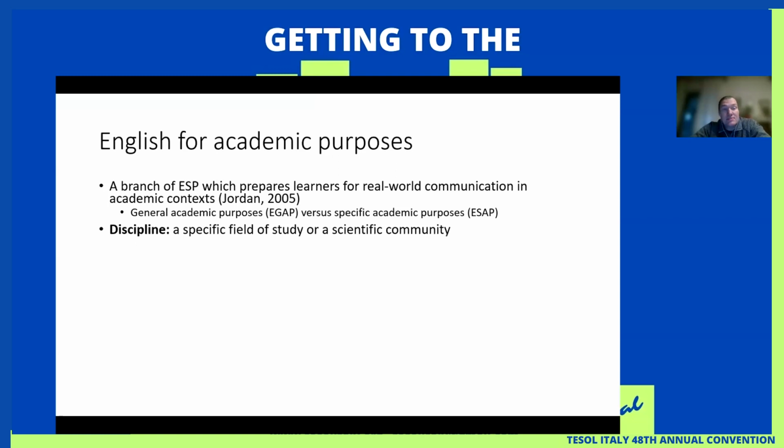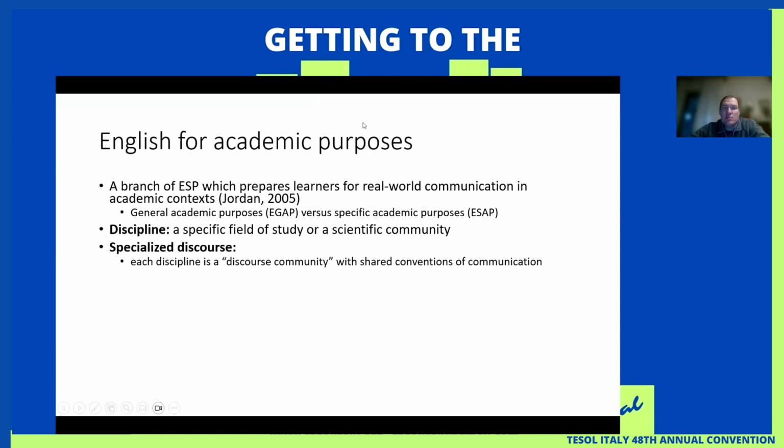Another key concept in English for academic purposes is the concept of discipline. This is a specific field of study or a scientific community, sort of the target field that you may be dealing with. Another key term is specialized discourse.